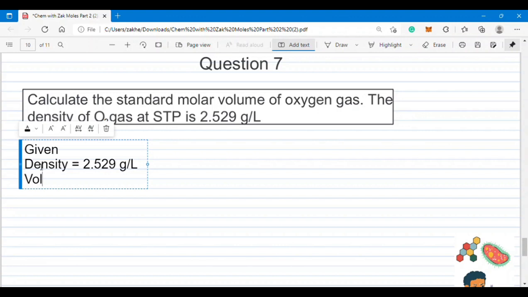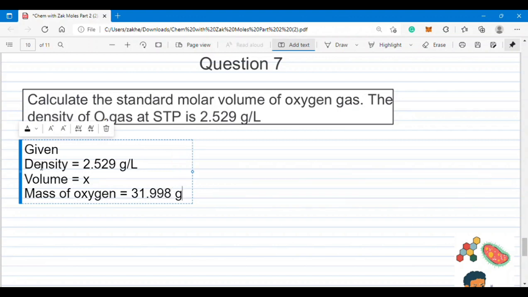The volume is equal to X, because that's the unknown, and the mass of oxygen is equal to 31.998 grams. So from this we can now find the density, which is equal to mass divided by volume.